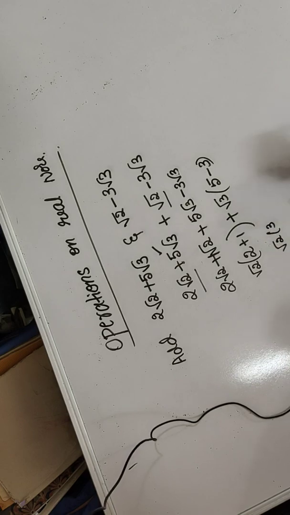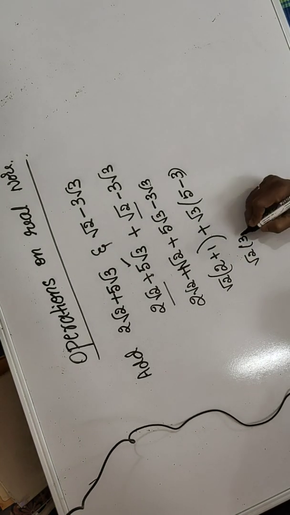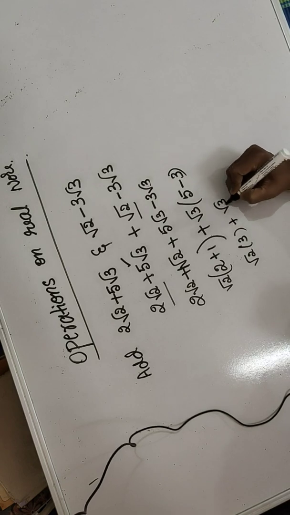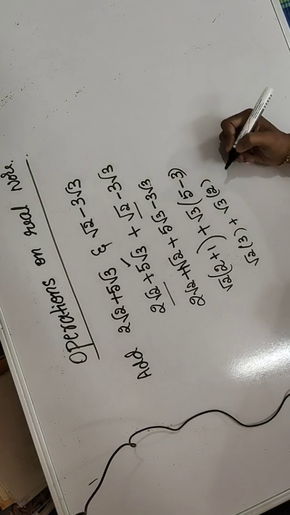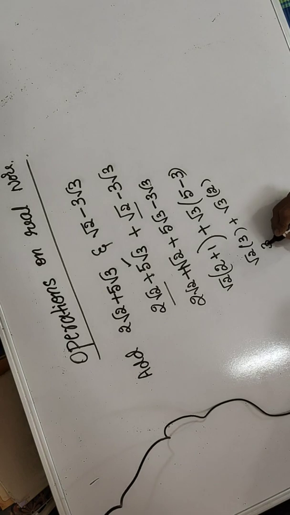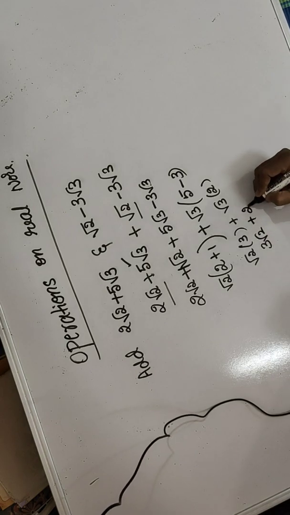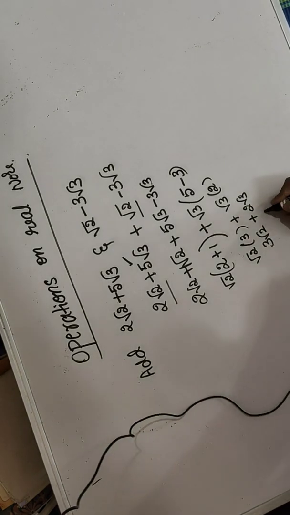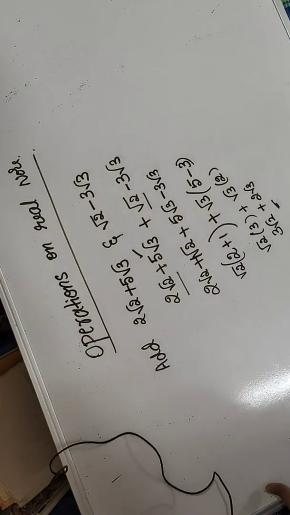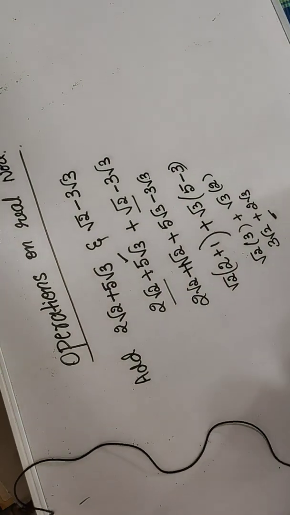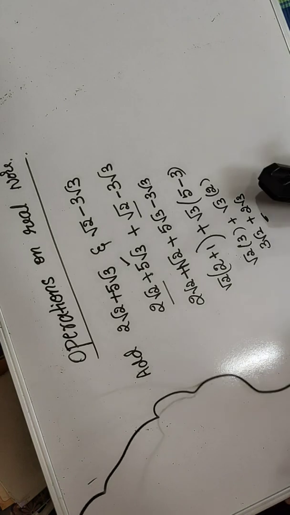This becomes 2 plus 1, which is 3. Root 3: 5 minus 3 is 2. So it becomes 3 root 2 plus 2 root 3. Okay. Like this you have to add.